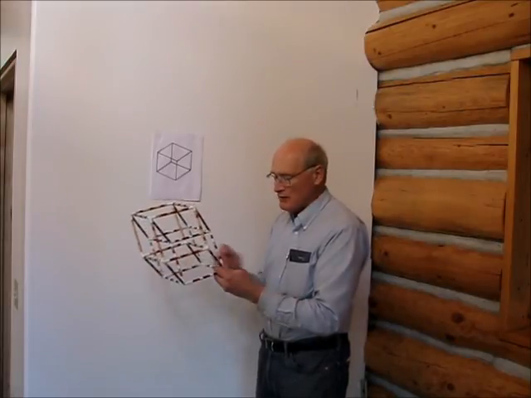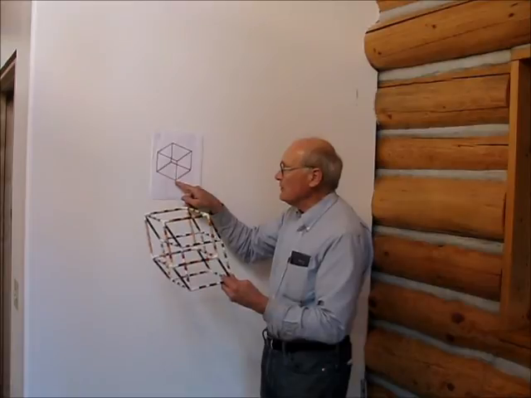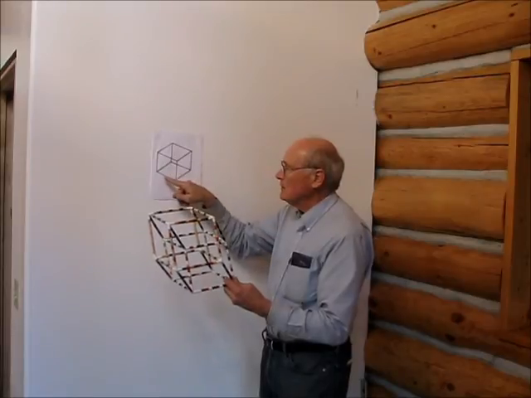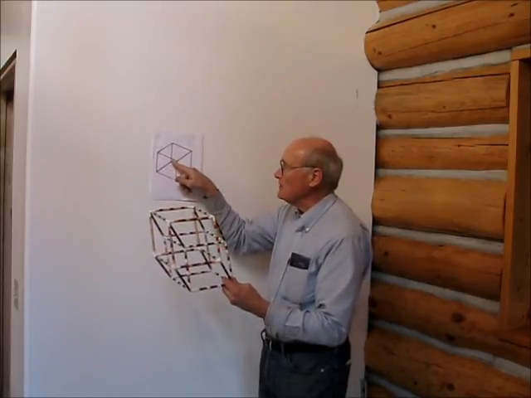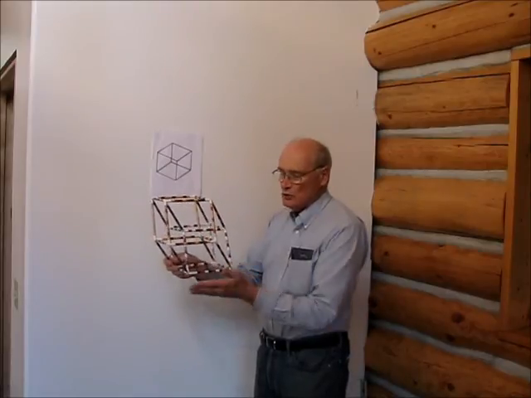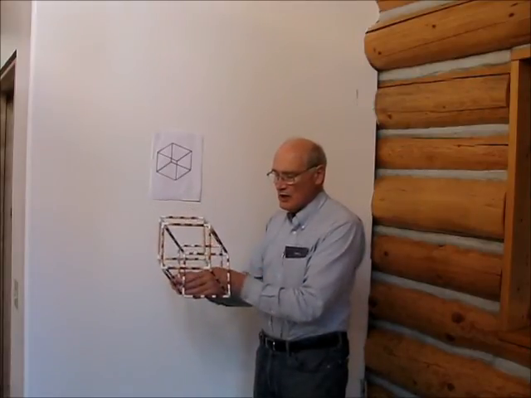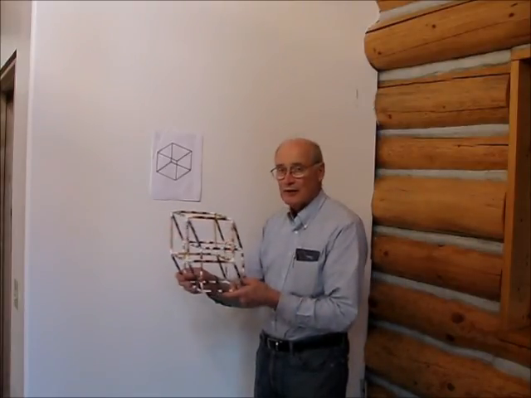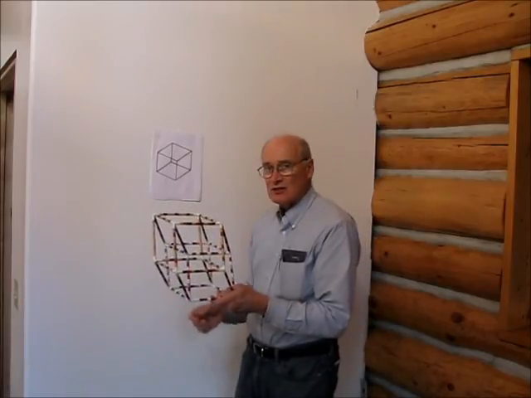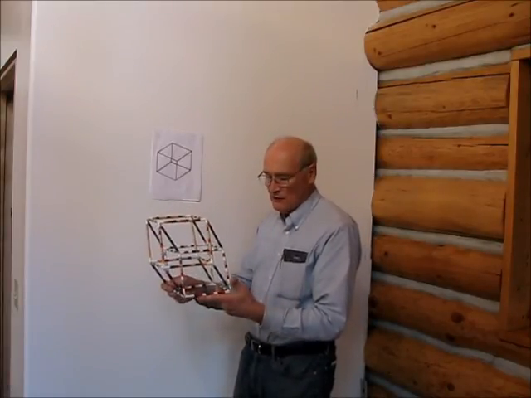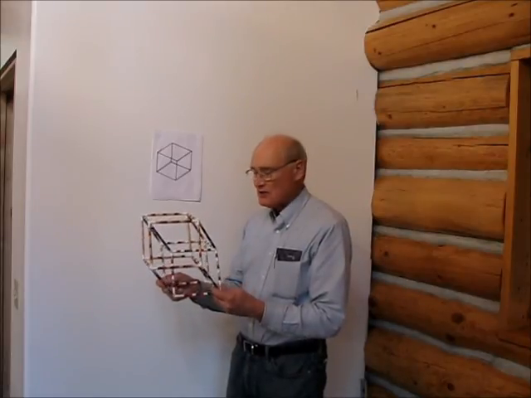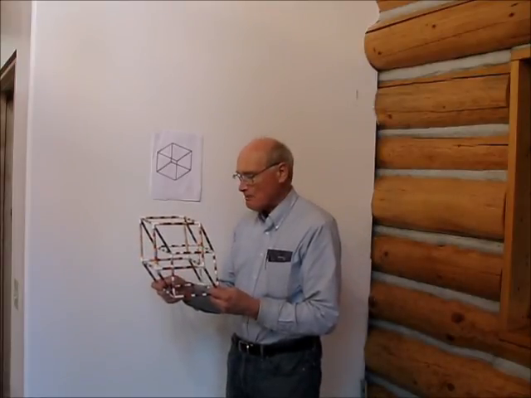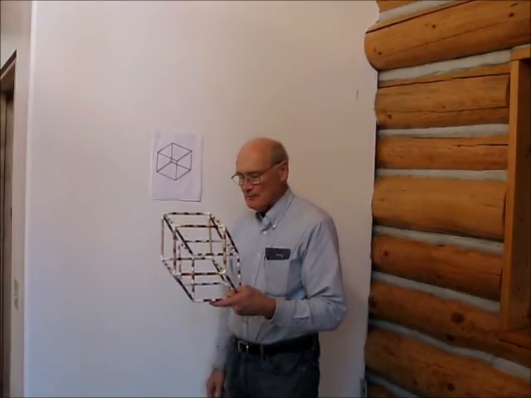But they're both generated by 2 lines coming up off of, here's 2 lines coming out of this point, making this plane, or this square, and 2 lines coming out of this point, making this square. We have 2 planes, or 2 squares coming off of this edge, and 2 of them coming off this edge, and so on. So each edge generates 1 cube. And we have 4 edges, so that's 4 cubes, and that's the 4 missing cubes to make up the 8. So those are the 2 methods for counting cubes.